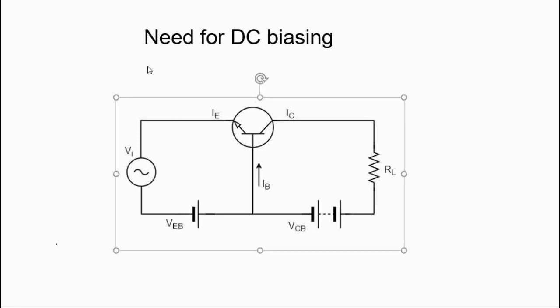First, the input voltage Vi, as you could see here, should exceed the cut-in voltage for the transistor to be on. Only if this voltage Vi exceeds the cut-in voltage does the transistor turn on.